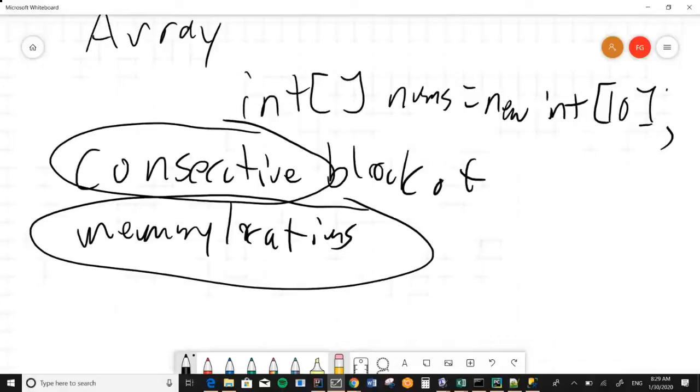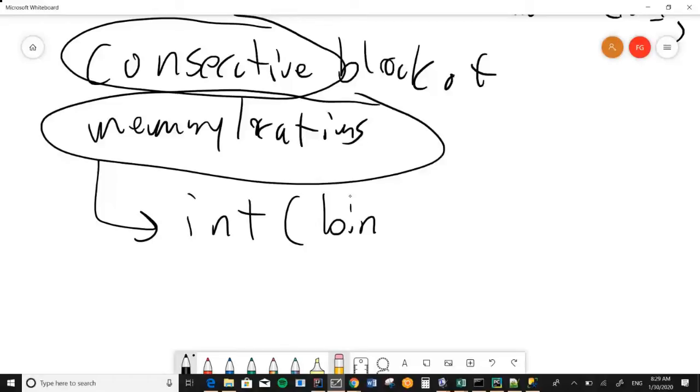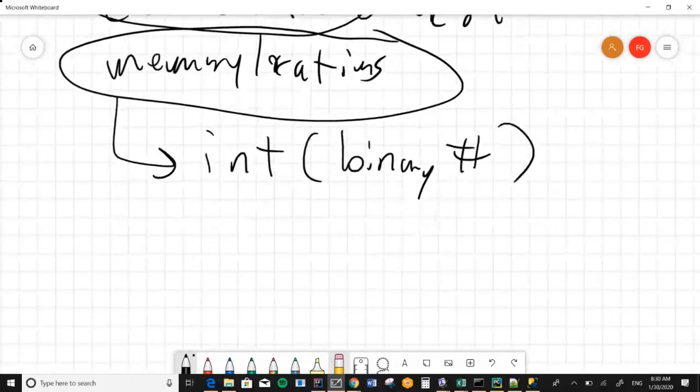A memory location is basically an integer. But in terms of thinking about hardware, we naturally want to think of this integer as a binary number.